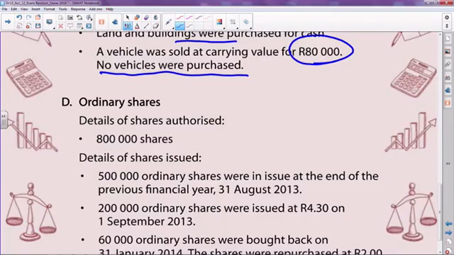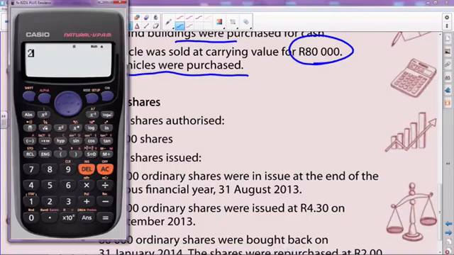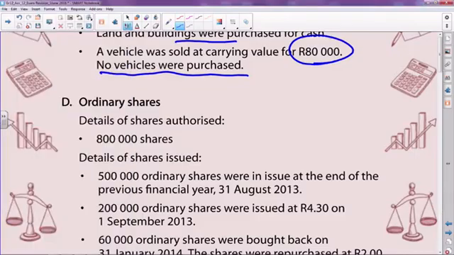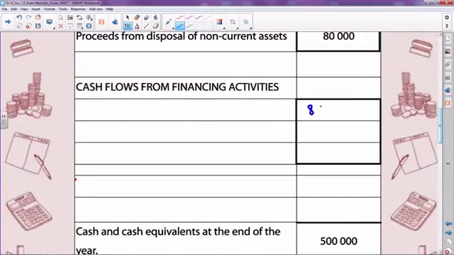So immediately you tell yourself, fine, take that 200,000 times 4.30, and that will give you an amount of 860,000. Immediately you tell yourself, right, you've got your proceeds of 860,000. What was that? The proceeds of my shares that were sold. Okay, that's the one component.